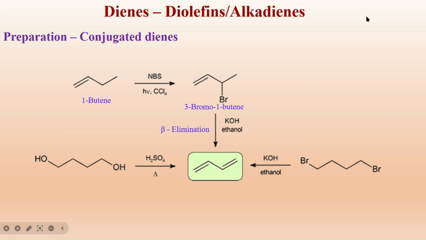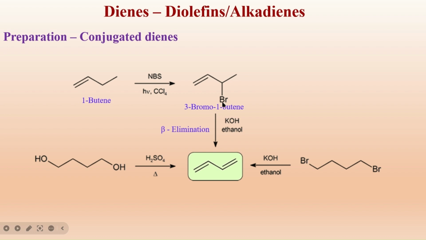The K plus and OH minus abstract a hydrogen from here, creating a carbanion, and this carbanion shares its excess electrons with the adjacent carbon, and the adjacent carbon has to maintain its tetravalency, and bromide ion is an easy leaving group.